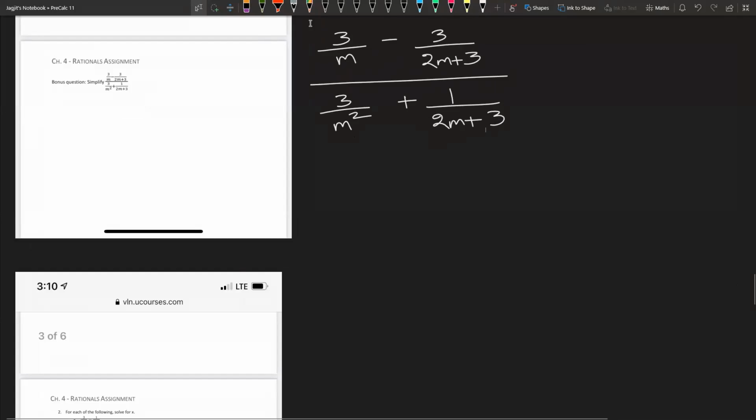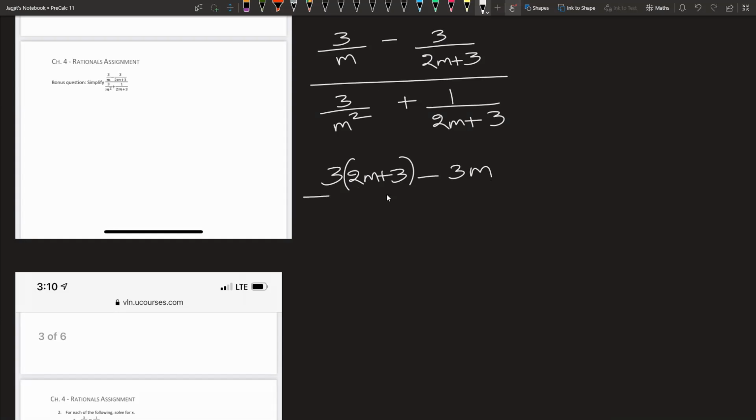Guys, very similar to the question we solved earlier, we're going to first focus at the top, and we're going to try to get the common denominator. This term's missing 2m plus 3, so we're going to multiply this 3 with 2m plus 3. So it'll be 3 times 2m plus 3. This term is missing m, so we're going to multiply that by m. And my common denominator will be m times 2m plus 3.